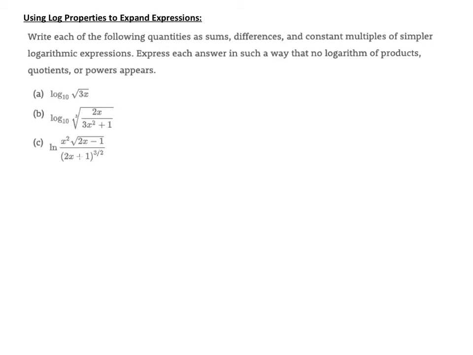Okay, let's try this out. So part A, we have log base 10 of square root of 3x. That is very simple. That's kind of what we just got it to in the last part. We're now going to unravel it and make it more complicated.